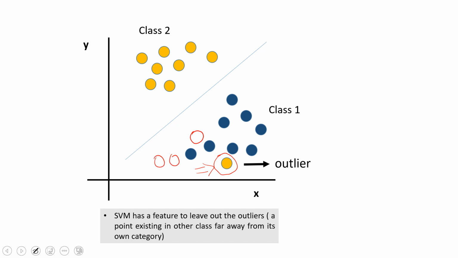What if we have these feature points over here, and we have this over here as well, and this particular one belongs to class 2? Now we are unable to classify it. We are unable to make such a hyperplane which is capable of discriminating all those feature points.